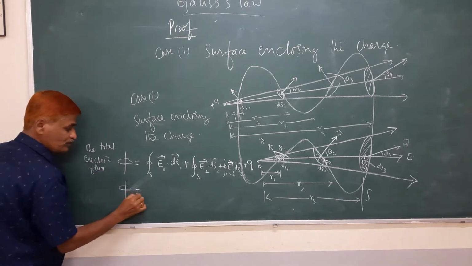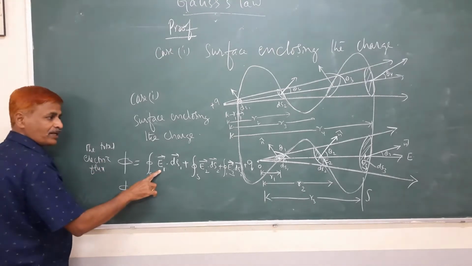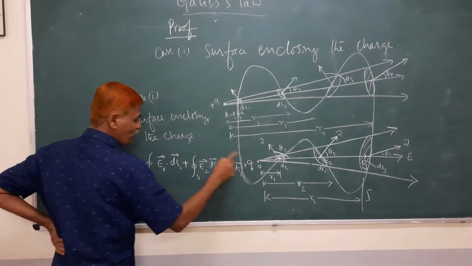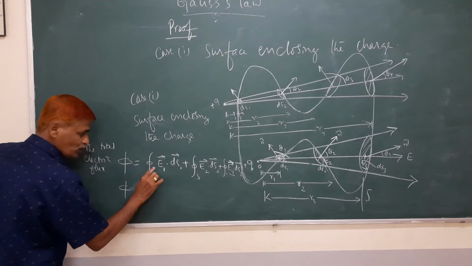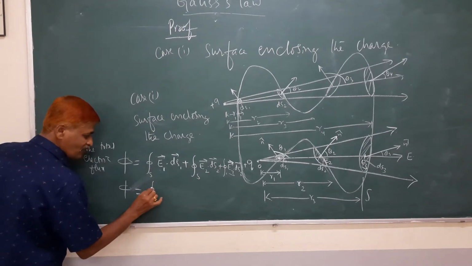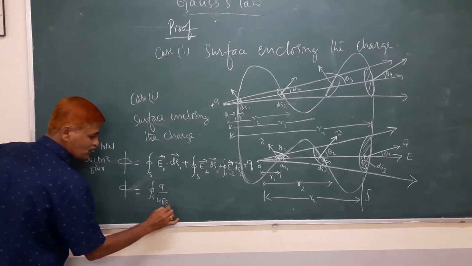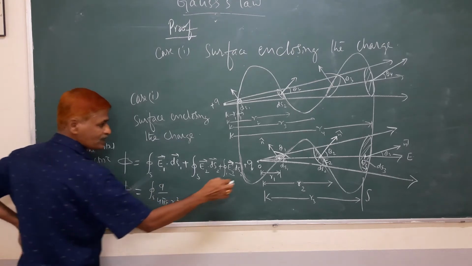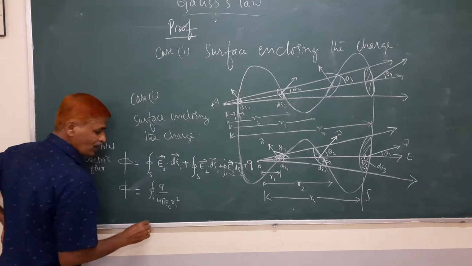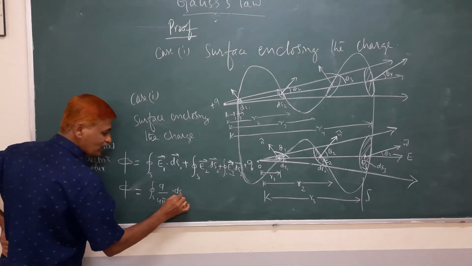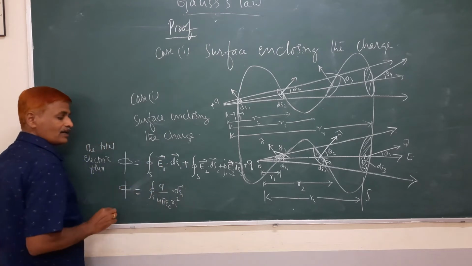is equal to, this E1 can be written as, you know how do you write electric intensity due to a point charge. This is equal to, I will write this is surface integral Q divided by 4 pi epsilon R1 square, because this is the distance R1 square into ds1, right?